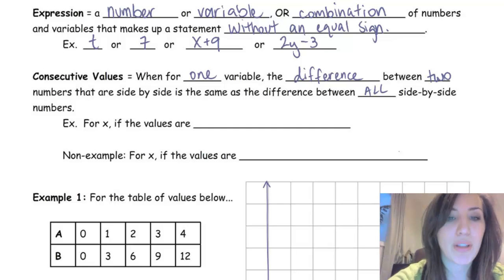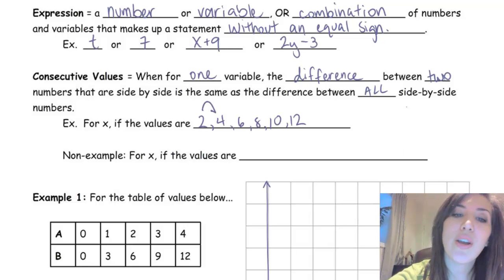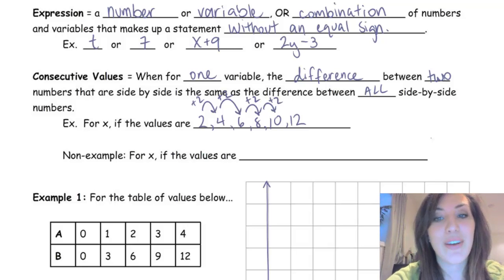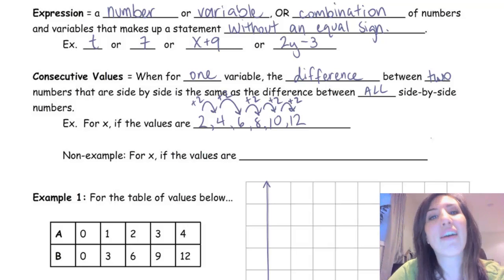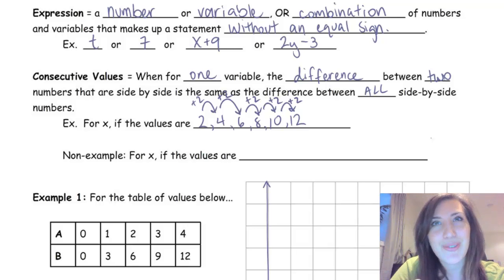So let's look at an example. If X has the values of 2, 4, 6, 8, 10, 12, you see that from 2 to 4, we add 2. From 4 to 6, we add 2. From 6 to 8, we add 2. From 8 to 10, we add 2. And from 10 to 12, we add 2. So every time the difference between two numbers side by side is 2.